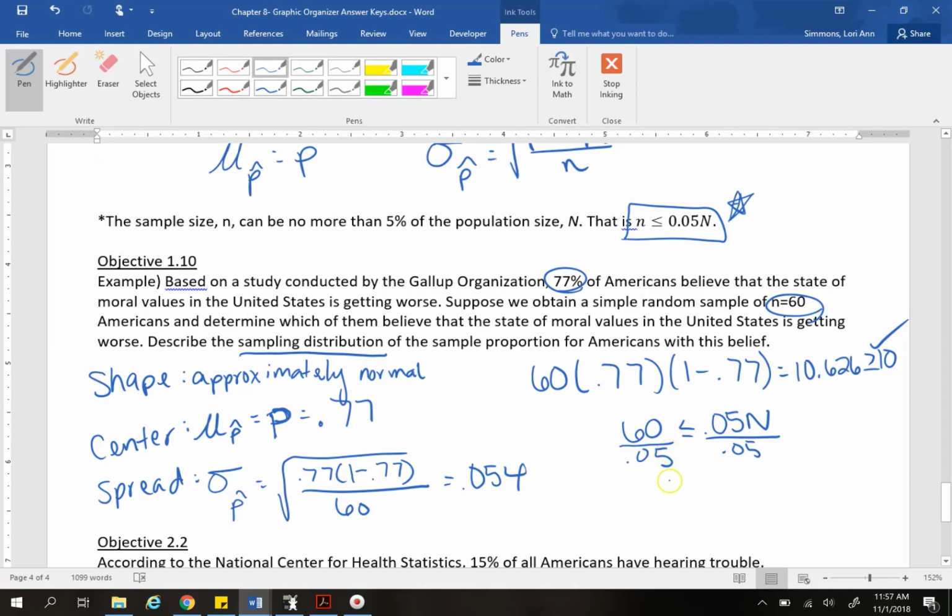When you do that, you get 1,200 is less than or equal to N. What this is saying is about your population. What's our population? Americans. So are there more than or equal to 1,200 Americans? Yes, there are about 320 million of us. So this is true, so it is independent.